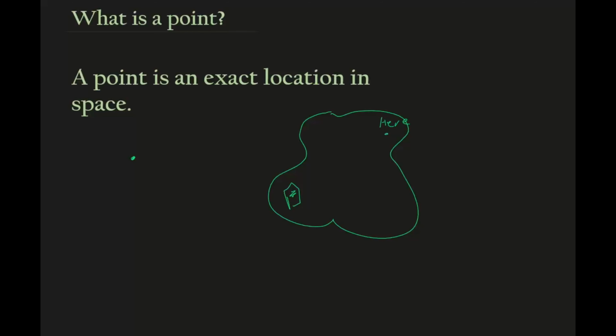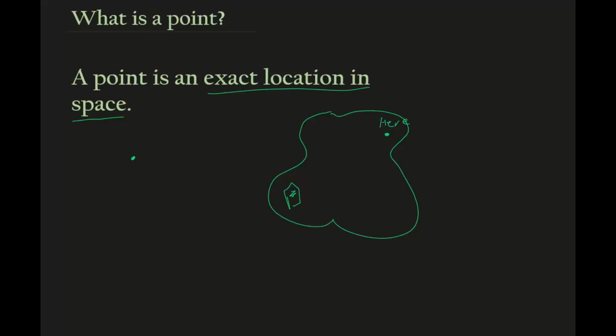You basically put a point, or a dot, or whatever you want to call it. You can see it often on maps, like Google Maps or anything else. So that's the thing. A point is an exact location in space. You can even use it in space. So yeah.